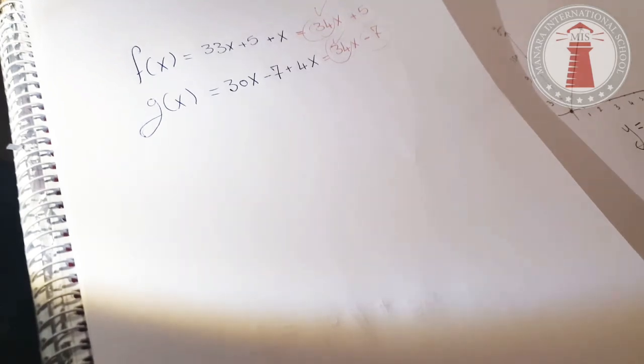The last question was a taxi cab charges a flat fee of 5.5 plus 1.5 per mile. So we already know that the 5.5 here is the fixed amount, plus 1.5 per mile.